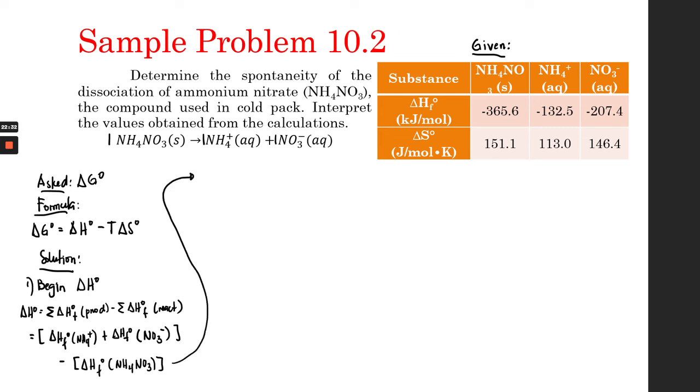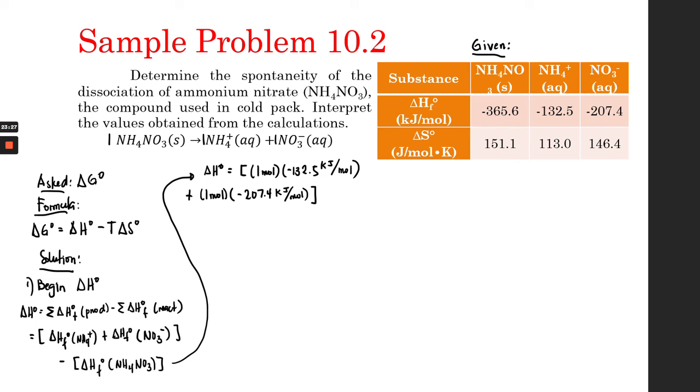Then what's going to happen is you have delta H is equal to, it's kind of long, again you have 1 mole multiplied by the delta H of formation for NH4 positive, which is right here, negative 132.5 kilojoules per mole, plus 1 mole of NO3, and the delta H of formation of NO3 is negative 207.4 kilojoules per mole.